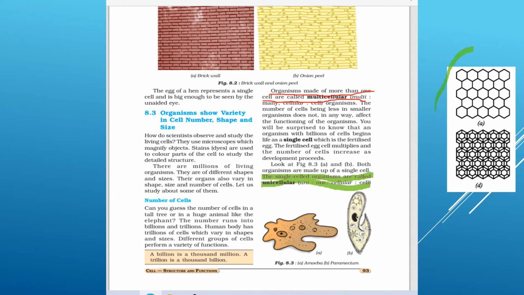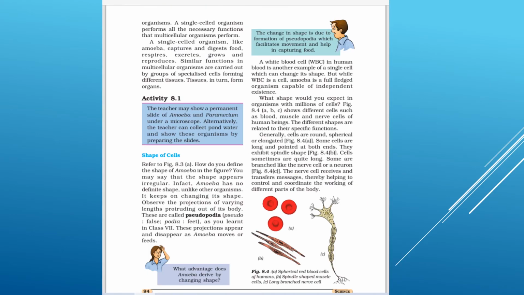Just see this structure also. This is a honeycomb structure. In the previous slide we studied it. Now see, a single celled organism performs all the necessary functions that a multicellular organism performs.